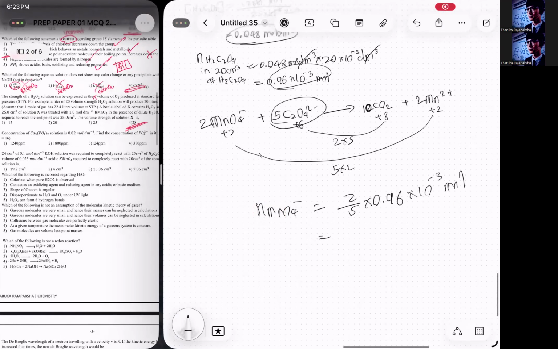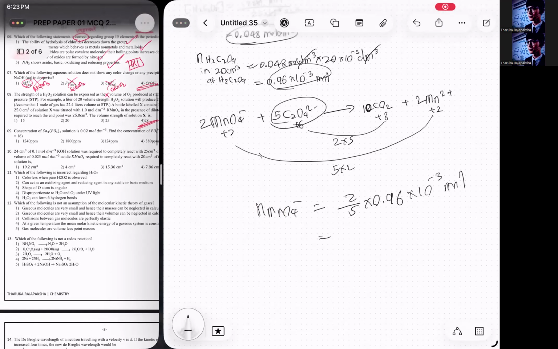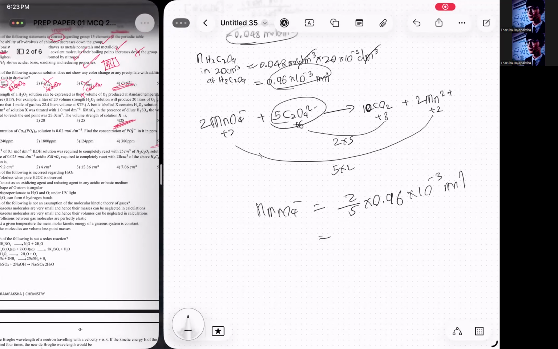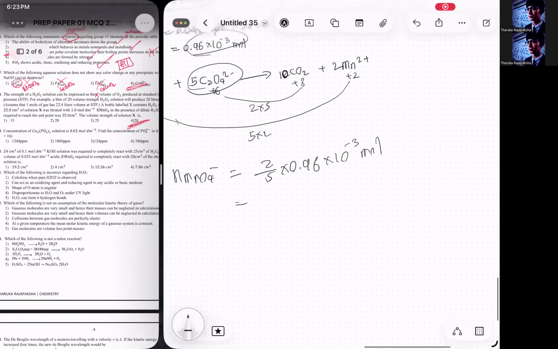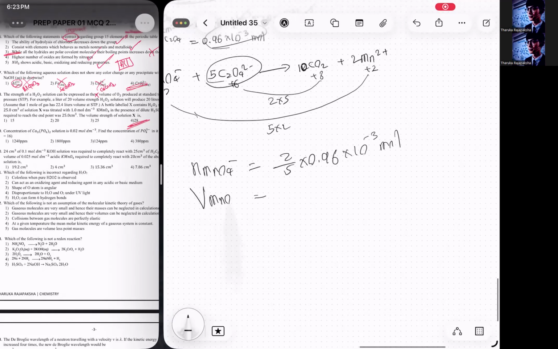They have given the concentration, right? We have to calculate the volume. So we have to divide by the concentration. Volume of MnO4- will be 2 over 5 into 0.96 × 10^-3 divided by 0.025 mole per cubic decimeter.